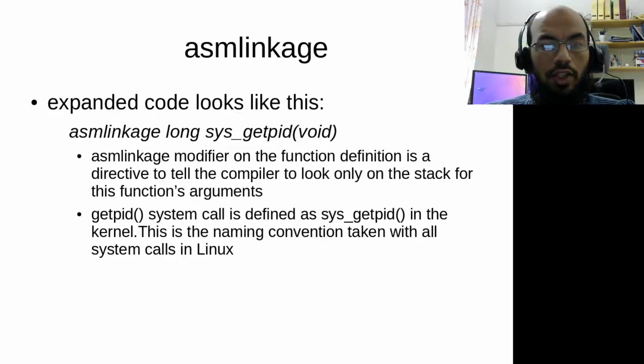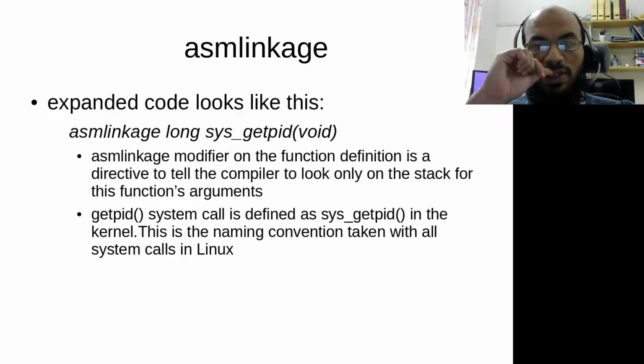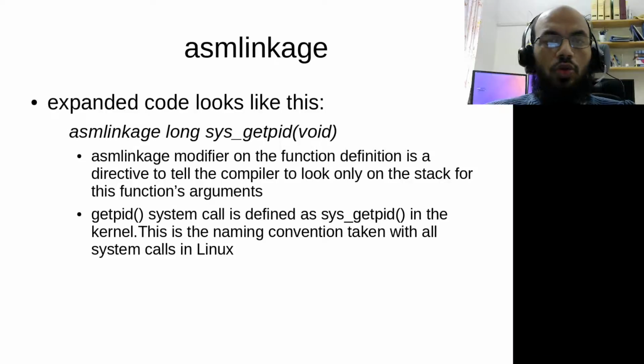asmlinkage is a modifier on the function definition, and it is a directive that tells the compiler to look only on the stack for this function's arguments. So it tells the compiler how this function will actually get its arguments. One way to make your assignment easy would be to implement it such that it returns the current user.